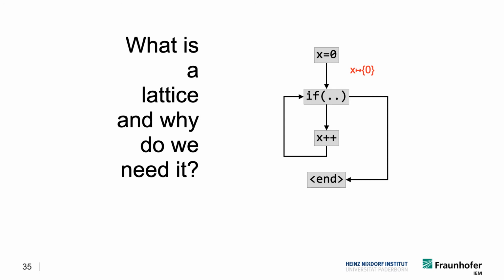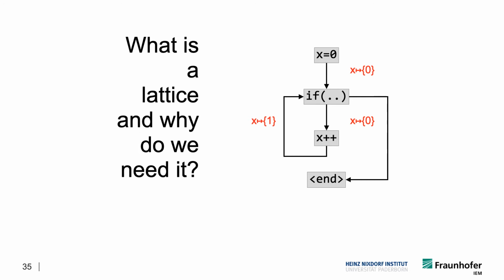Let us assume that we are doing a certain kind of constant propagation where we are propagating concrete numeric values in a set. And let's assume we're doing that for such a simple procedure here, which simply has a loop where it increments the value of x. Then, first we would propagate the value as it is, but then it would be incremented.